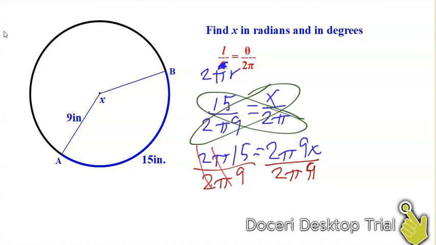This 2 pi and that 2 pi cancel out. And so x is equal to 15/9, which I do want to simplify. That would be what? 5/3. All right, so x is equal to 5/3 in radians.